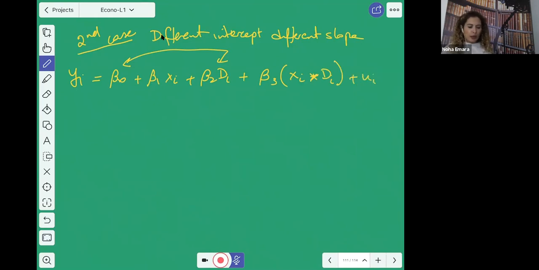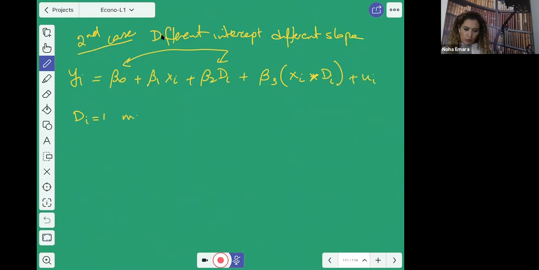So in order to see that, again, we're going to do it the same way. When di is equal to 1, I'm going to get the male regression. And when di is 0, then I'm going to get the female regression. Okay, so di equal to 1, this is the male regression depending on our definition.